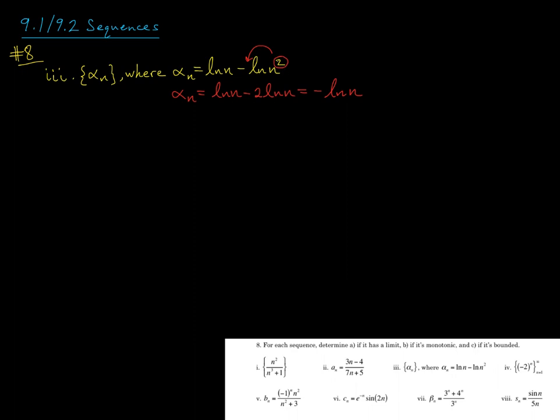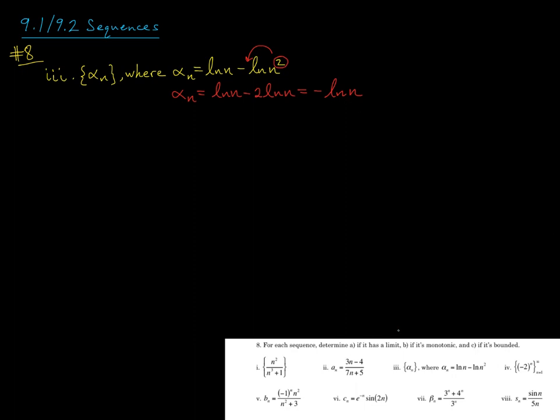So I'm going to first use what's called the power rule for logarithms. This 2 can come out in front, so this is the natural log of n minus 2 times the natural log of n. And that's just a negative of the natural log of n, because I have one of them here and I'm subtracting 2 of them here, so that's a negative natural log of n. Okay, it's a little nicer to work with.